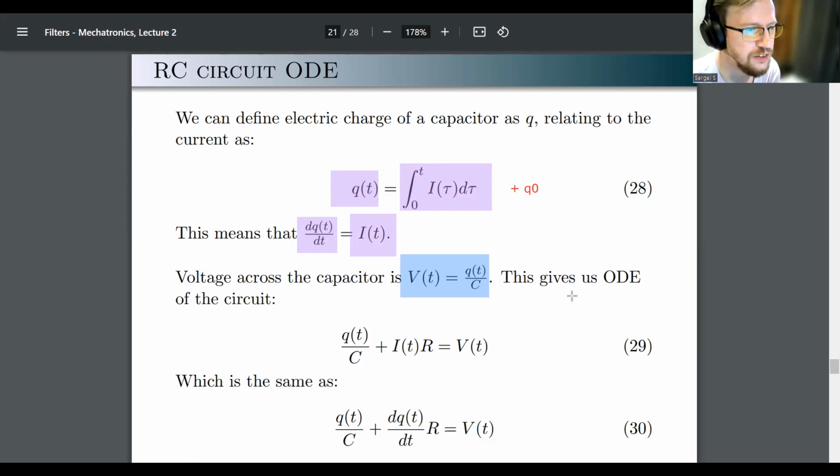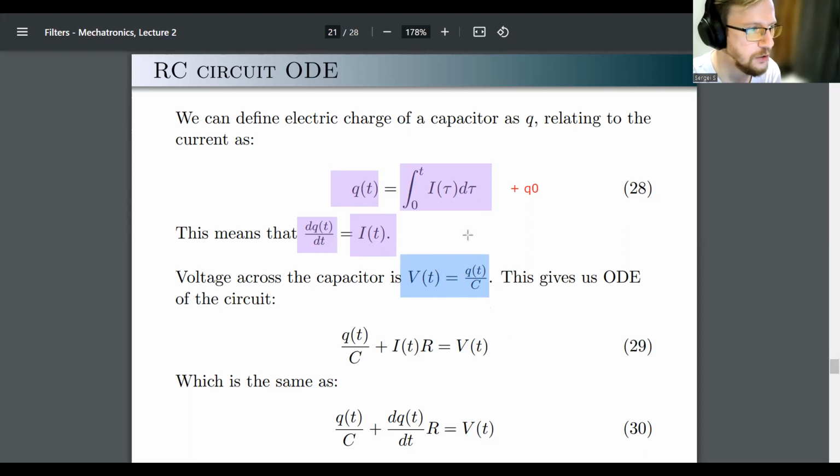Here it is the integral over current divided by capacitance, because charge is equal to the integral over current plus initial value. So this blue equation is the equation of a capacitor.